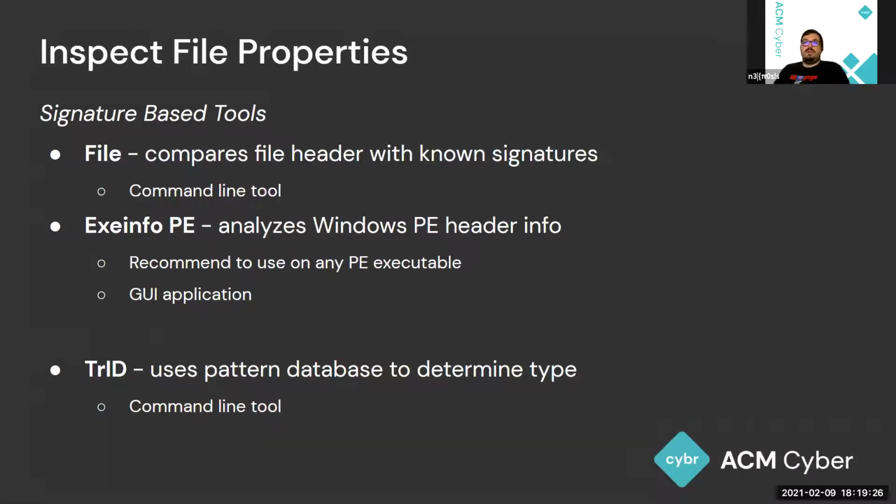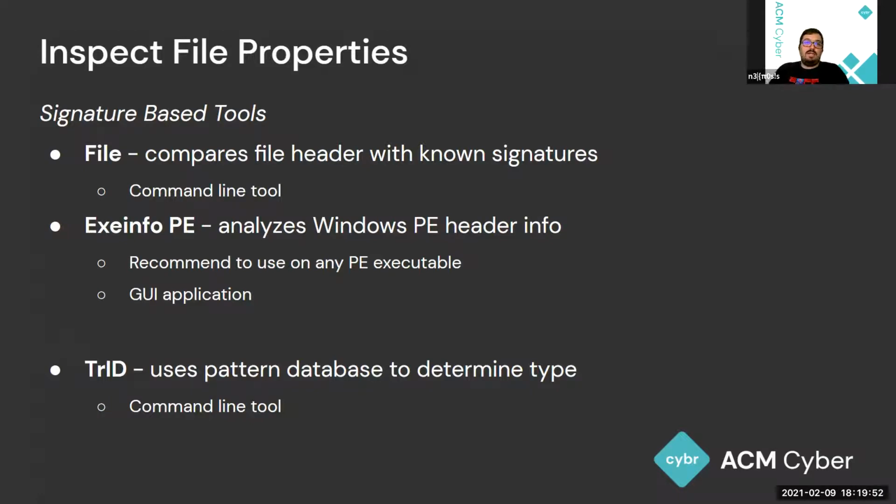So in inspecting the file properties, signature-based tools include file, which is a command line tool. It compares the file header with known signatures, because we'll look at it again more shortly, but there are magic numbers that define what file is what. So using known signatures, this can compare and give you results using file.